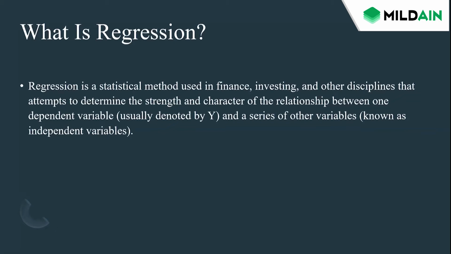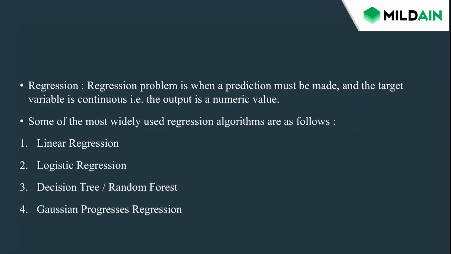One dependent variable, usually denoted mathematically by y, and a series of other variables. Those other variables are called independent variables. Very generally, this is regression. So, guys, you have an idea, right?